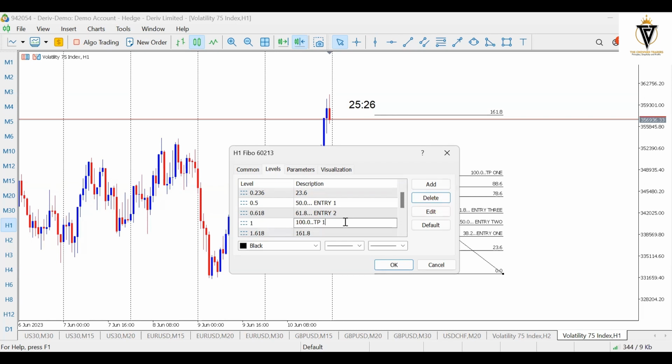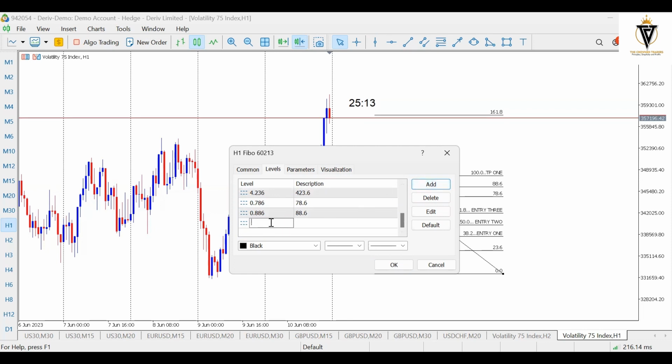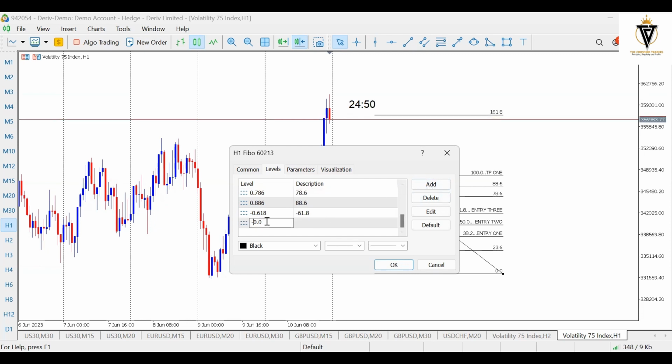Some will go ahead and add negative 61.8, 0.618, then negative 61.8, sorry, negative 61.8, and then likewise you do the same here for those 78.6 levels that you added. 78.6, all the negative carry negative sign. You have 88.6, then 88.6.